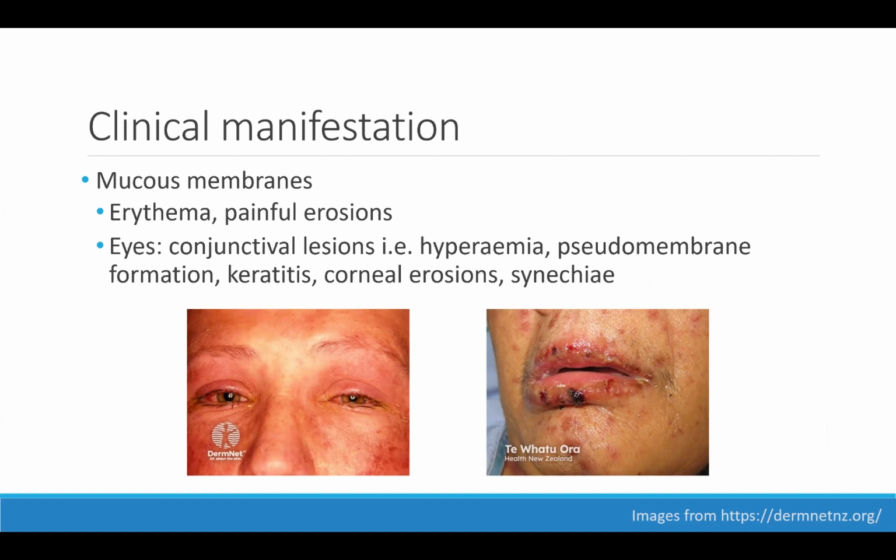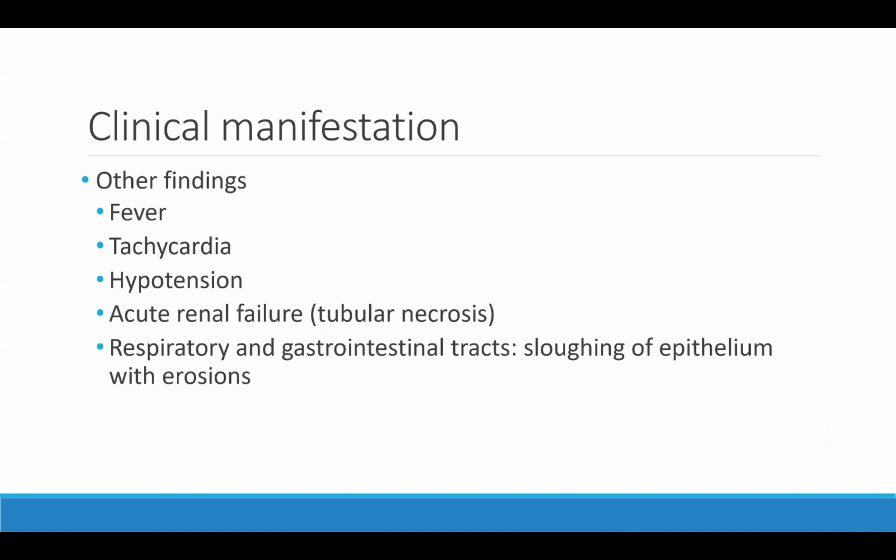It is therefore important to identify SJS-TEN early and refer to the ophthalmologist when needed. Other findings include fever, tachycardia, hypotension, acute kidney injury or acute renal failure due to tubular necrosis, and in the respiratory and gastrointestinal tracts, you have sloughing of the epithelium with erosions.